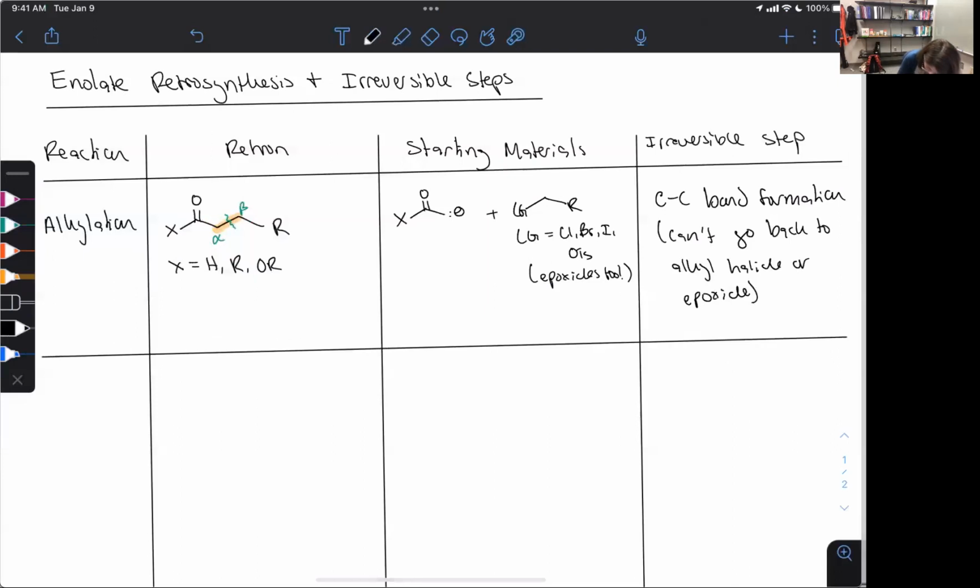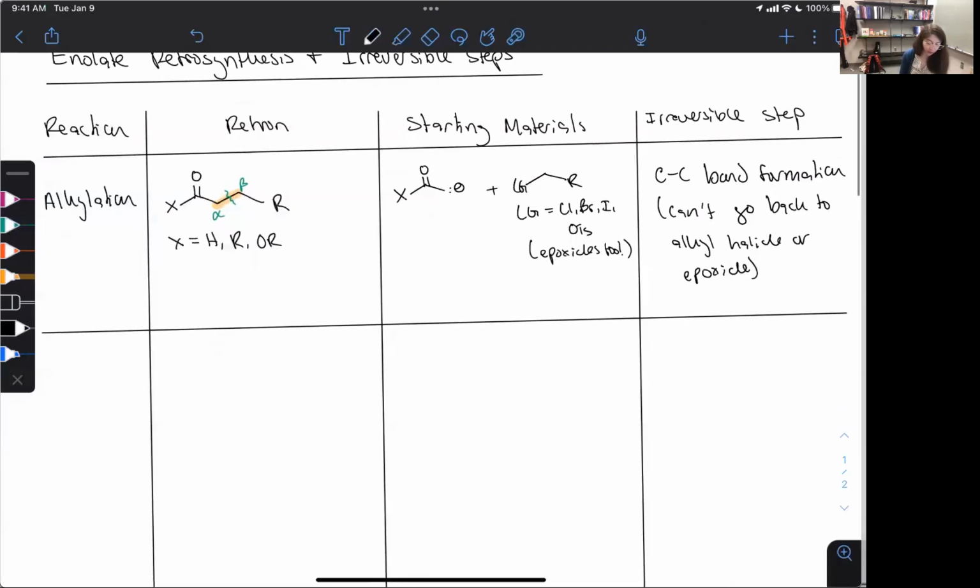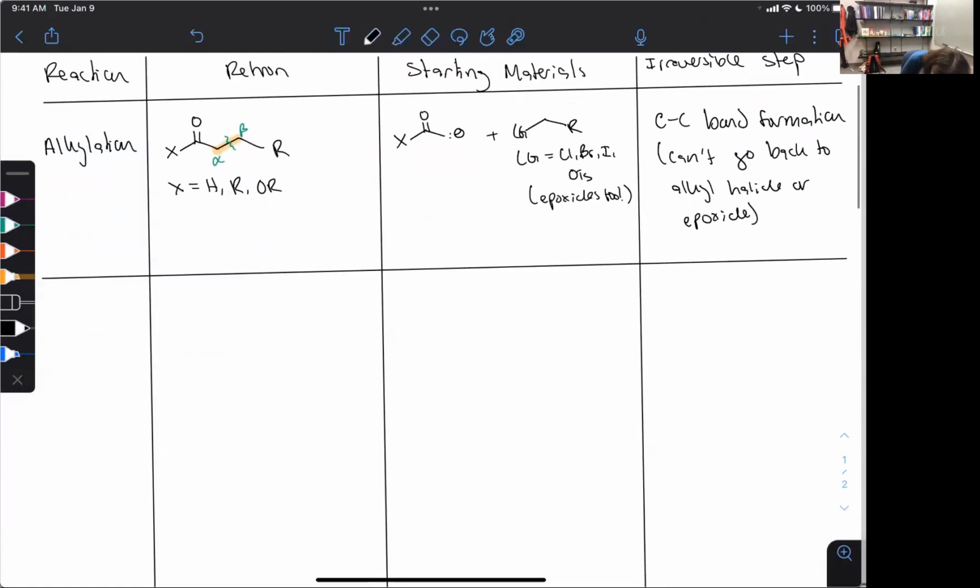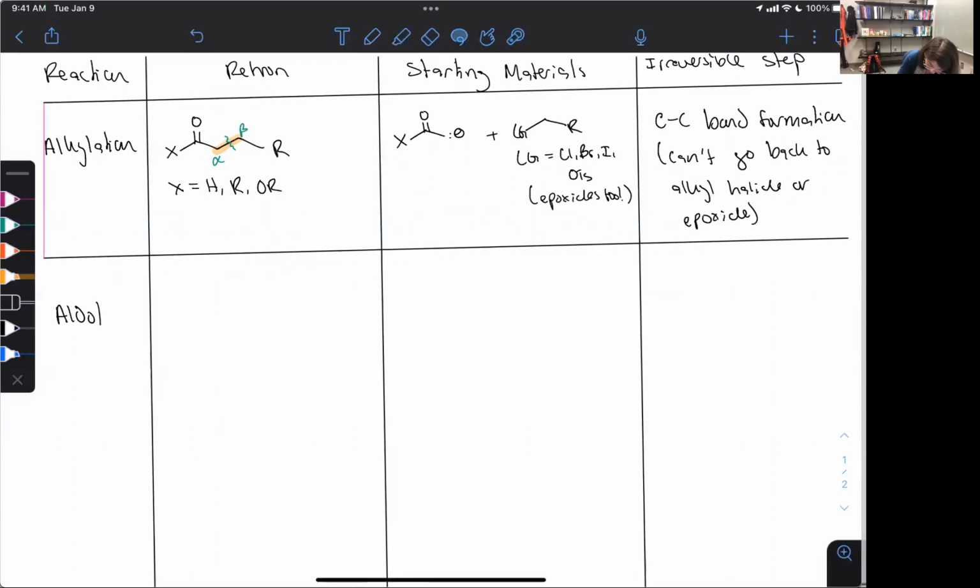Okay, so the alkylation. The next one that we talked about was the aldol reaction. We really talked about two different ways that you could do the aldol reaction depending on what base you actually used. We talked about if we used LDA, then we could end up getting to the beta hydroxy ketone.